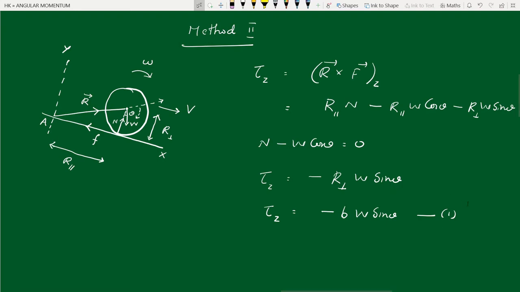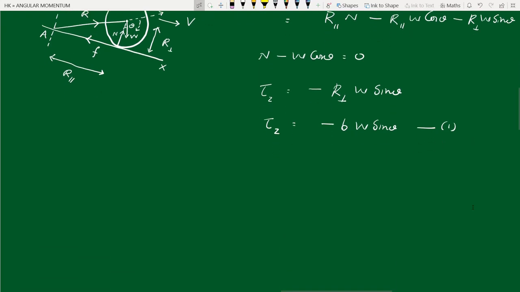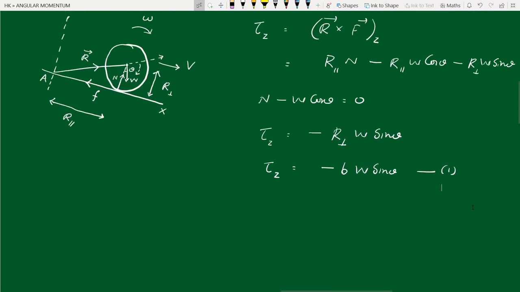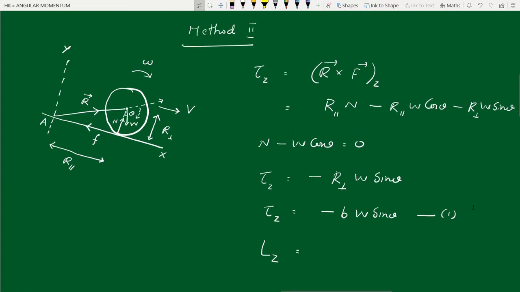Now let us calculate the angular momentum about the z axis. We know that angular momentum can be expressed as angular momentum due to rotation around the center of mass plus angular momentum due to translation of the center of mass.